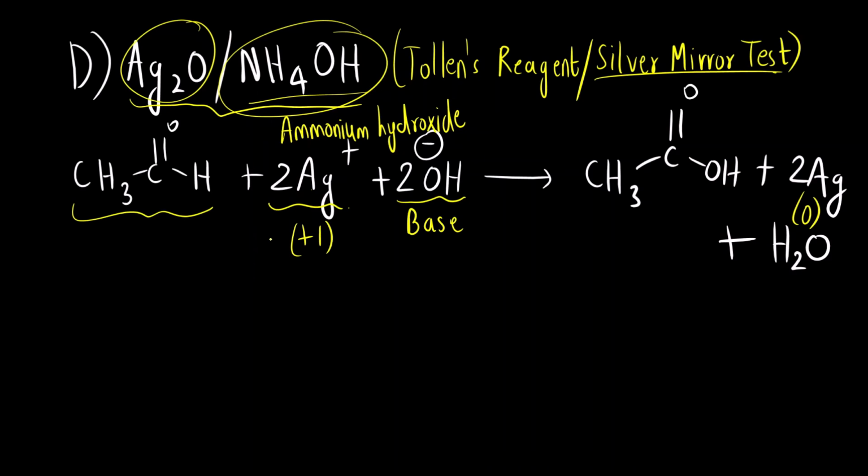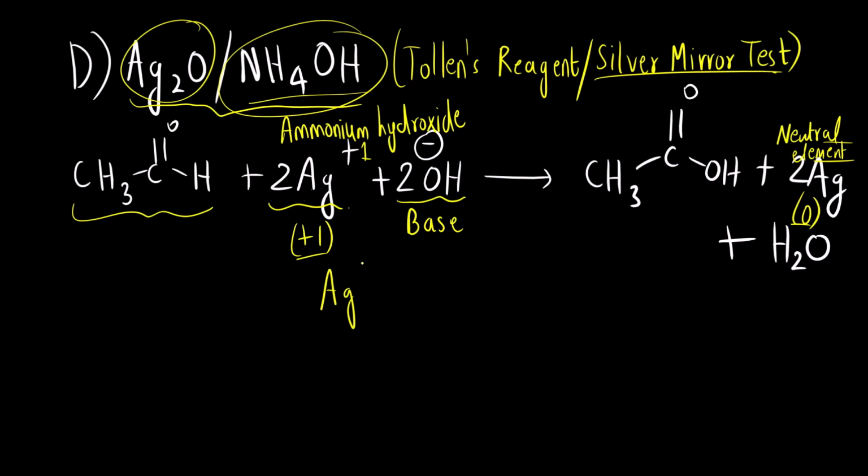We had already seen the rules of oxidation state. Here charge is +1. That is why oxidation state of silver is +1. Here it is in the neutral elemental form. So that is why the oxidation state is 0. So what is happening? Silver itself is getting reduced.